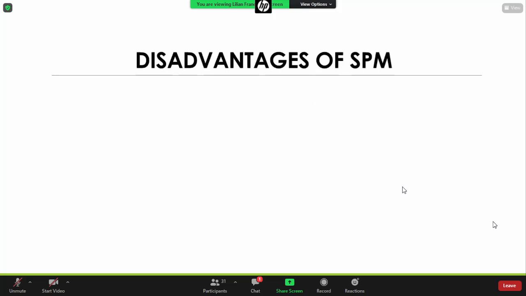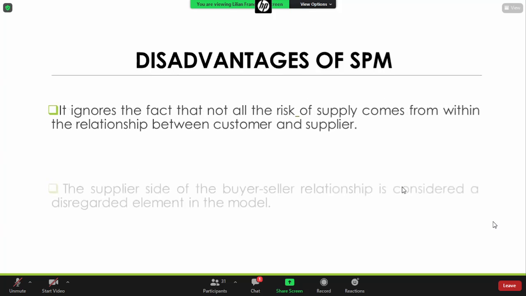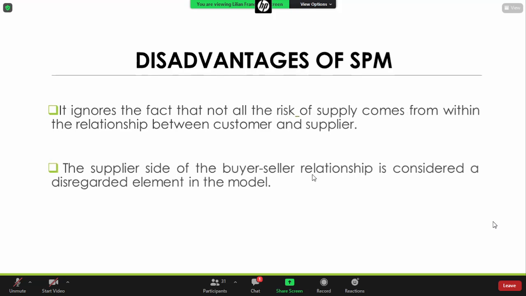Next is the disadvantages of supply positioning model. The first one is it ignores the fact that not all the risk of supply comes from within the relationship between customer and supplier. Parang nasa-set aside na yung factor or reason sa supply risk like external environmental factors, competition to other companies, and yung impact ng supply risk is na set aside rather than dun sa mismong company o firm.